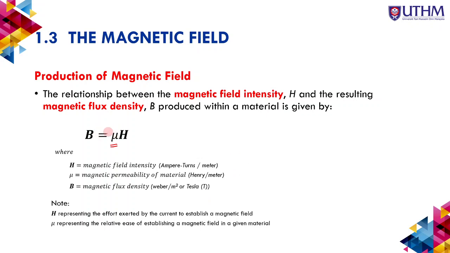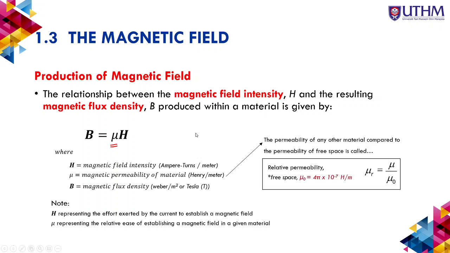Mu also has another ratio. They call it the permeability of any other material compared to the permeability of free space. We can compare the material itself, for example steel, with free space. We call it the relative permeability, mu r, where the magnetic permeability of the material is divided by the permeability of free space.